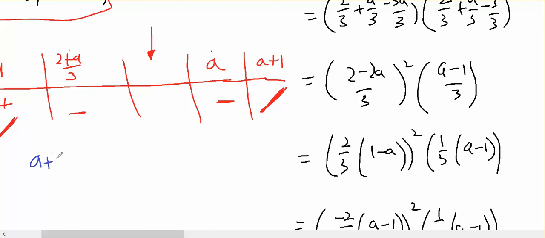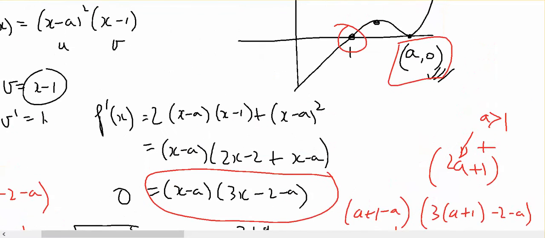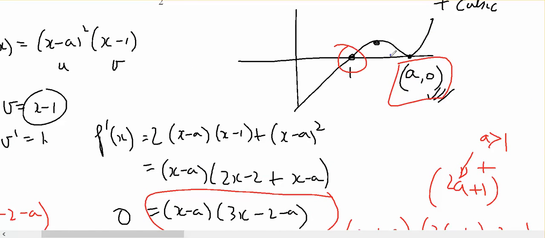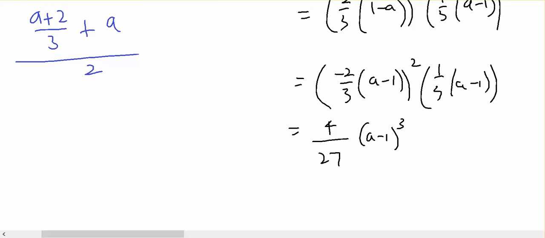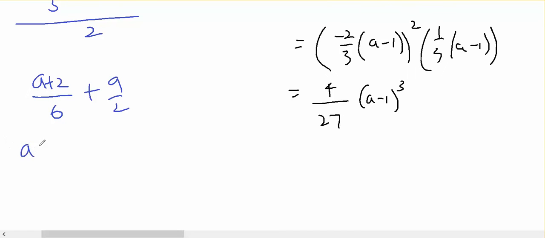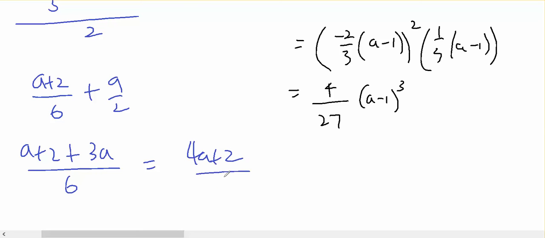So (a plus (2 plus a) on 3) all on 2 should be dead middle between the two of them, and that should give me a value somewhere here. So that gives me a on 2 plus (2 plus a) on 6, which is (2 plus 3a plus a) all on 6, which is (4a plus 2) on 6, which is (2a plus 1) on 3.